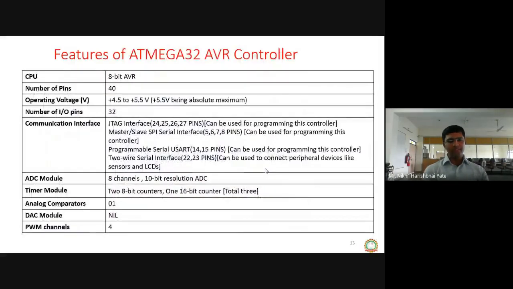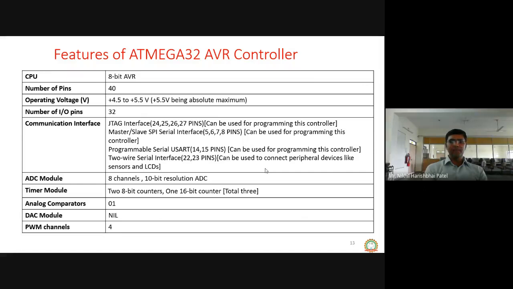In this microcontroller syllabus, we study a special Atmel chip known as the Atmega 32 AVR chip. AT stands for Atmel, Mega is the family of that AVR controller, and 32 indicates that 32 kilobytes of flash memory are available. Go for the CPU. Again it is an 8-bit AVR. We can perform 8-bit operations like arithmetic and logical functions at a time.